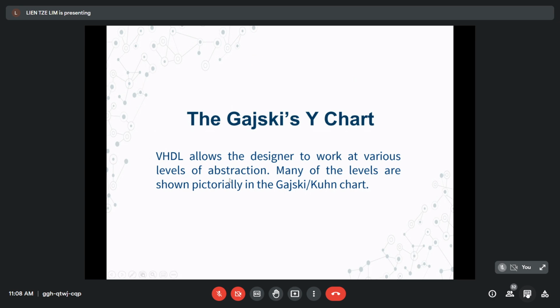This level of abstraction, I mentioned before, means we can represent the chip at different levels. There are many levels in those three domains, and they are shown schematically in the Y chart.